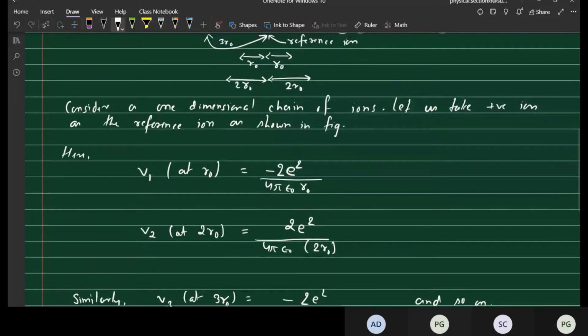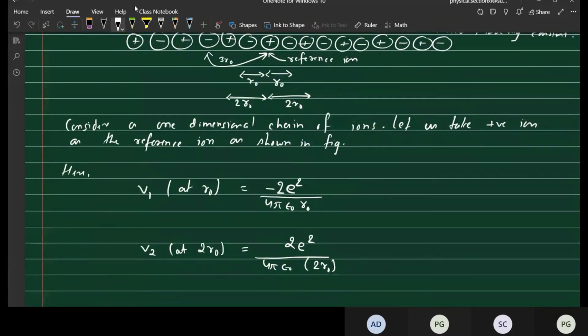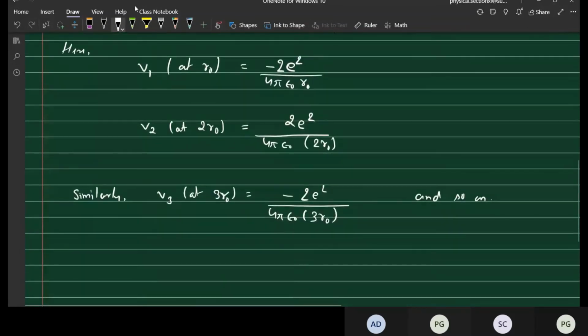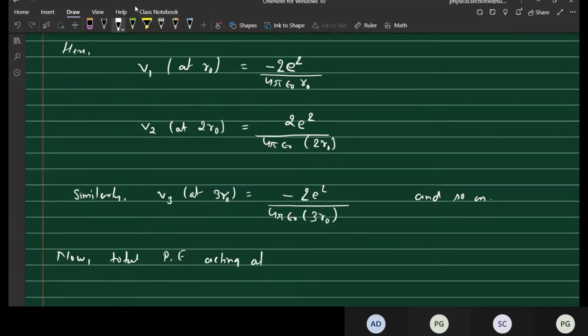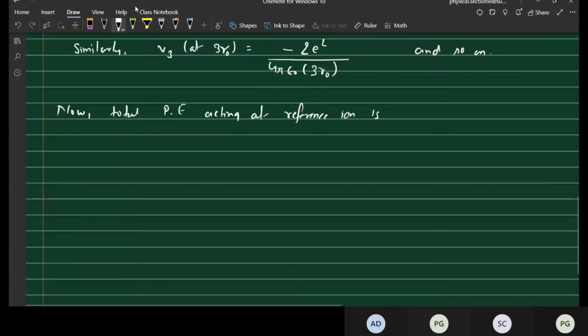So we have calculated the potential due to first neighbor, second neighbor, third neighbor, and so on. Now the total potential energy acting at reference ion is the sum of all the potential, because potential energy is a scalar quantity, so that can be added serially.